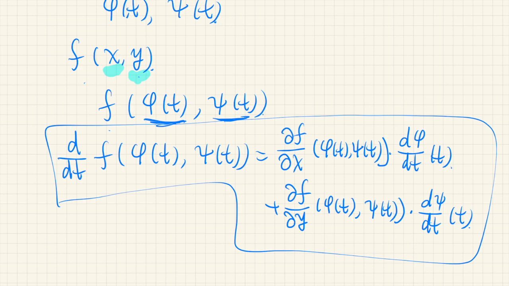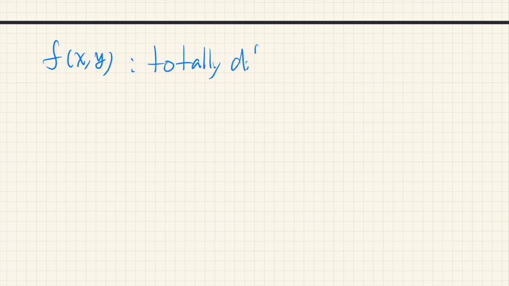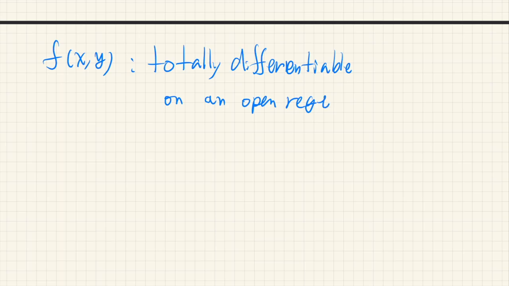Okay, let's make this statement more formal. Suppose we have a function f of x, y that is totally differentiable on an open region U, which is of course a subset of the two-dimensional plane, and we have x equal to phi of t and y equal to psi of t.